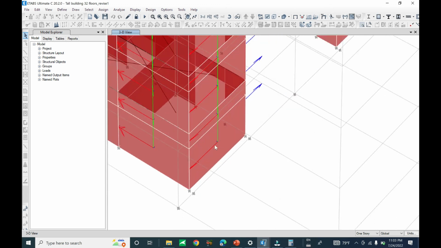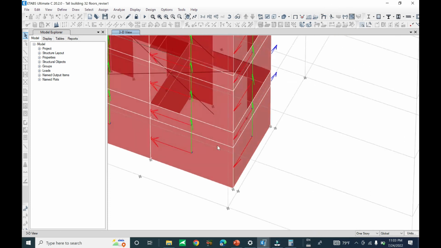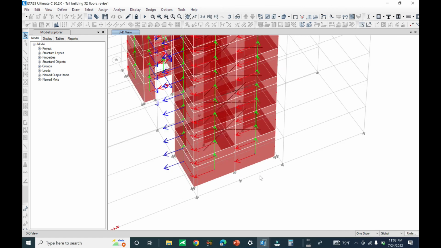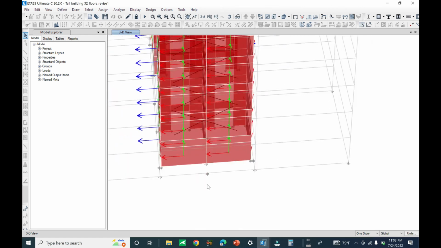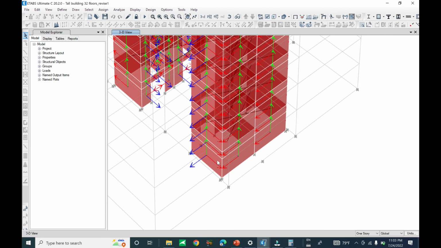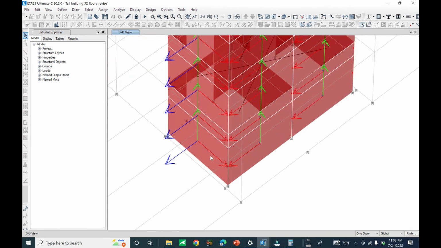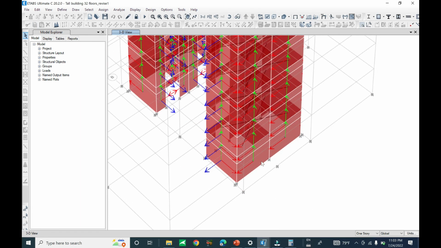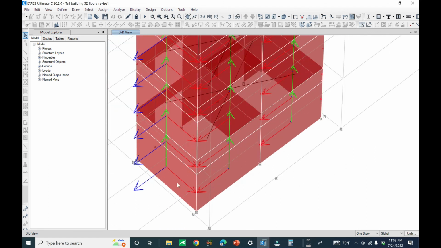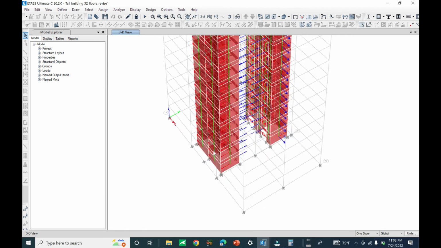And for this panel, the direction of local axis Z is inside. So when you design, with all these local axes, it's difficult to check. You can modify the local axis. This one is the same, the local axis Z is inside, but we do not focus on this. You can change it manually by selecting the shell element and assigning the rotation of local axis.